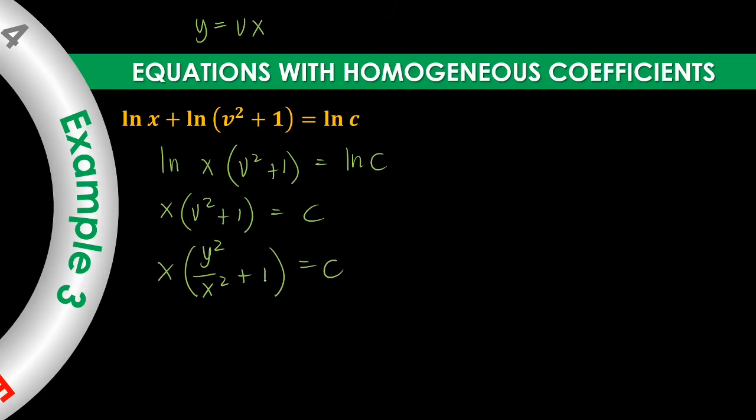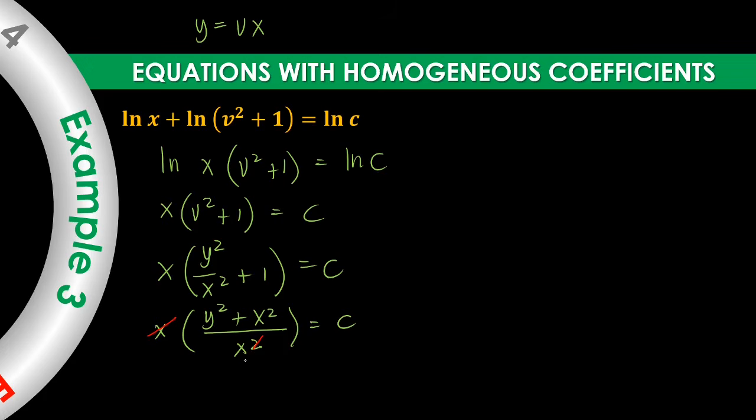So I can simplify this by having a common denominator, x squared, right? And here I will have another x squared equals c. Now, the x here will cancel, and the 1x will be left in the denominator.